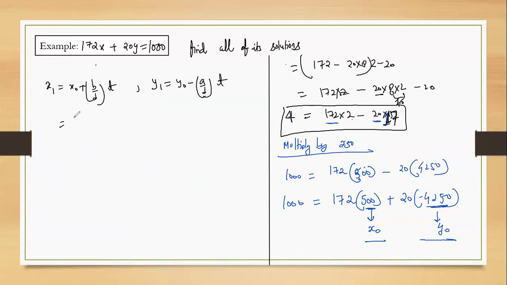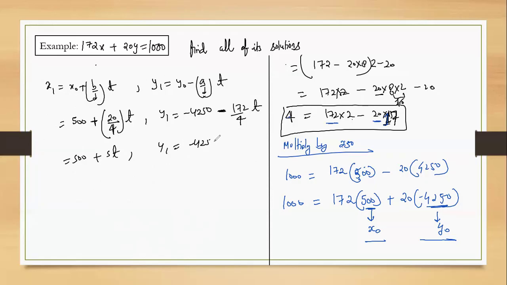So x0 we have 500 plus b by d, b is 20, d was 4, into t, and y1 equals y0, that is minus 4250, minus a, which was 172, upon 4, into t, where t is some integer. So I will write x1 = 500 + 5t and y1 = -4250 - 43t.